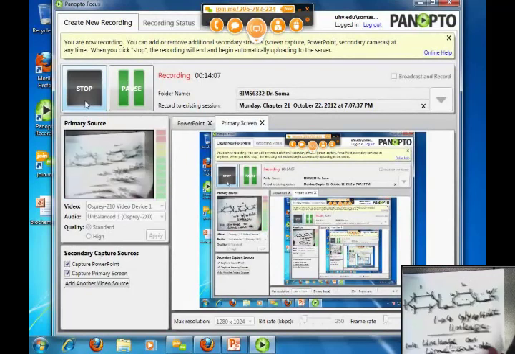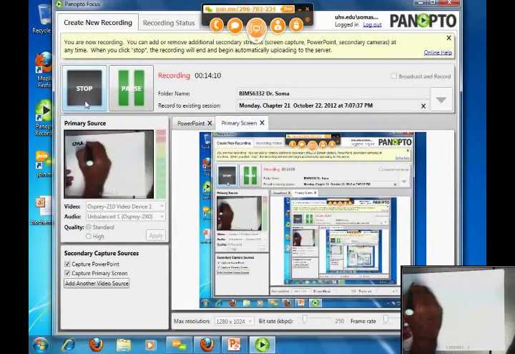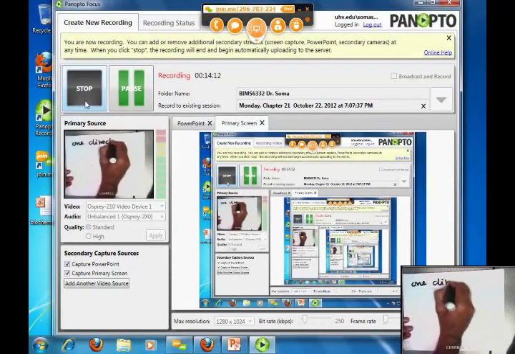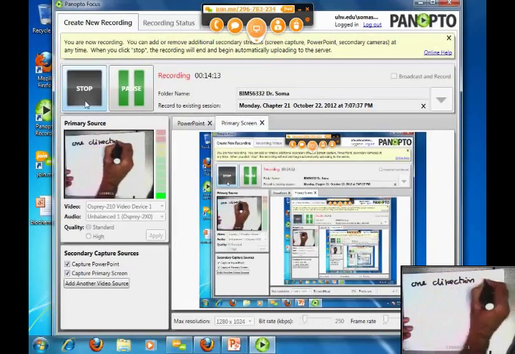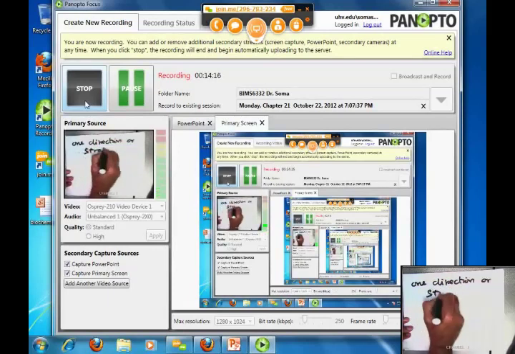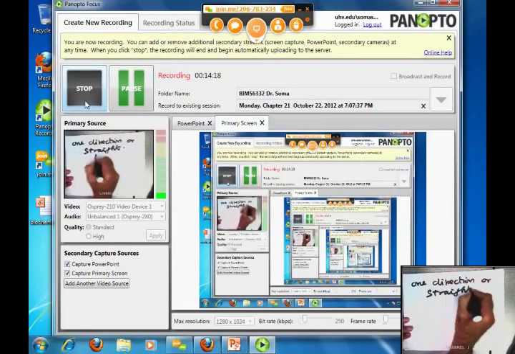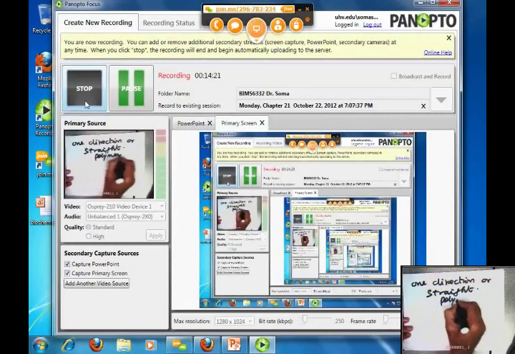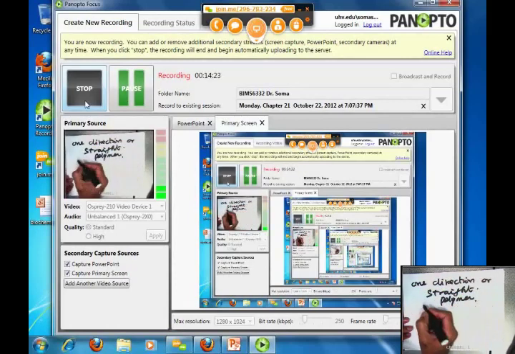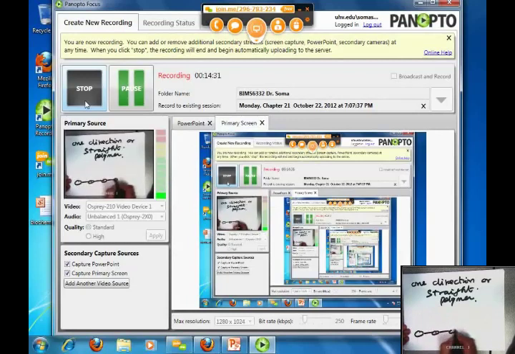I'll write it on another paper: one direction or straight polymer. However, there is a linkage at the 6th position. I'll write it here. This is the 1,4 linkage, 1,4 linkage, 1,4 linkage. Okay, it comes out like that.